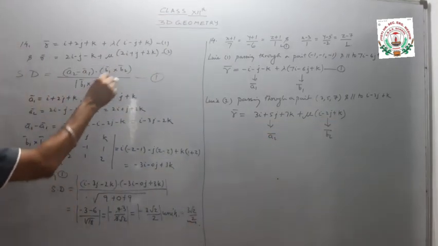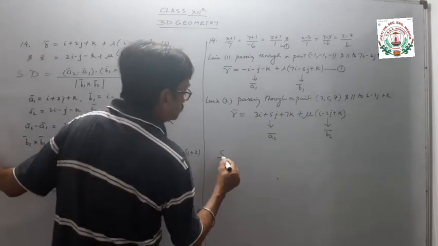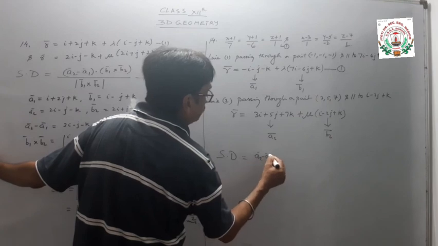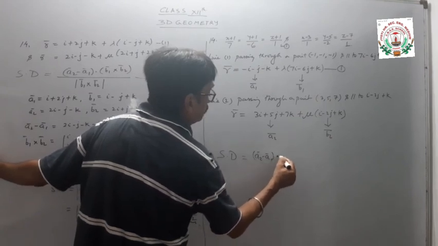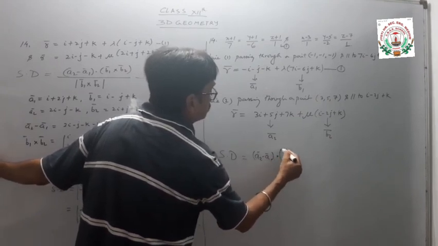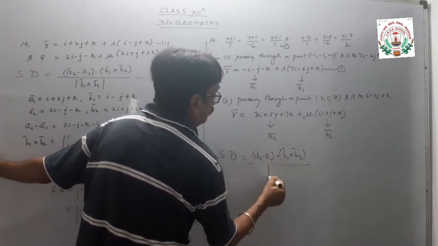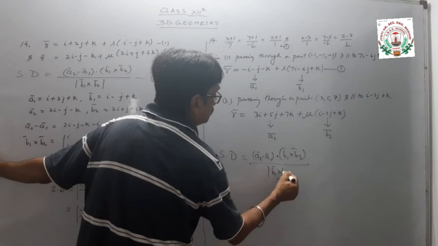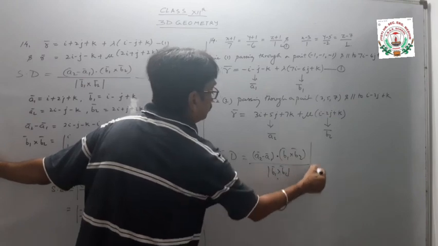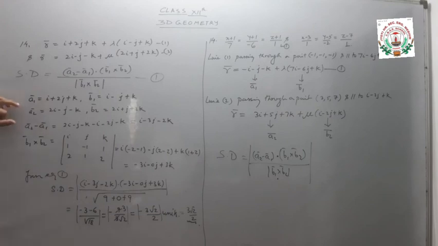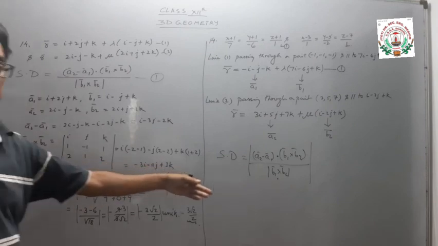Now we can apply the same formula: the shortest distance is (a2 vector minus a1 vector) dot (b1 cross b2 vector) upon the modulus of b1 cross b2 vector. In the same way you calculate a2 minus a1 and b1 cross b2, substitute the values in the formula and you will get the answer.